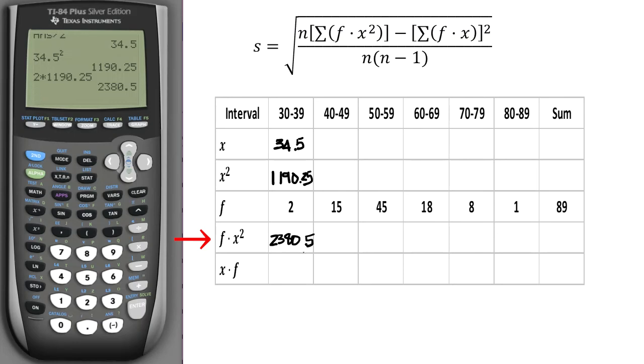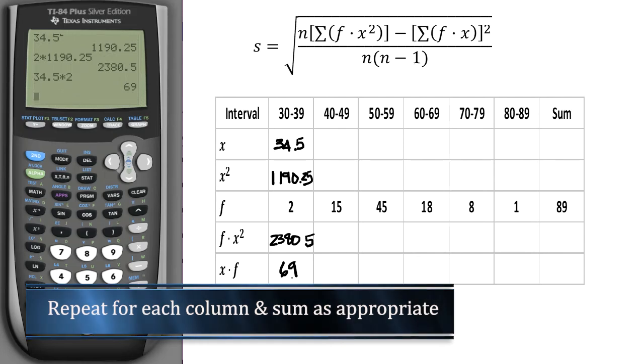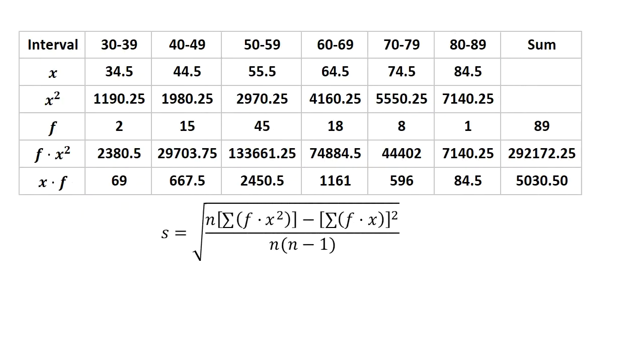And finally I have just X, 34.5, times F, so 34.5 times 2, and that of course is just going to give me 69, and I can go through and fill out each one of these columns. I'm going to need all of these for my formula. So after we've filled in the table, we need to calculate all the different values so we can use them in our formula.